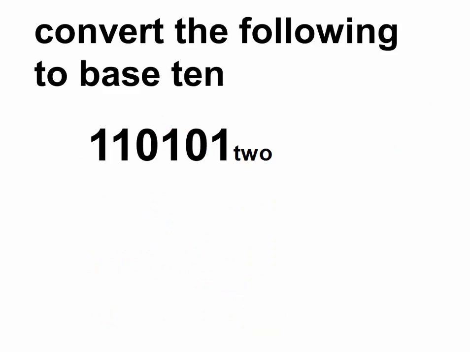Now let's see another one here. Let's give our exponents 0, 1, 2, 3, 4, then 5. Good. So 1 times 2, the base is 2, to the power 5. That's the first one.